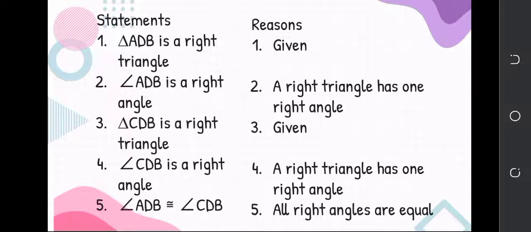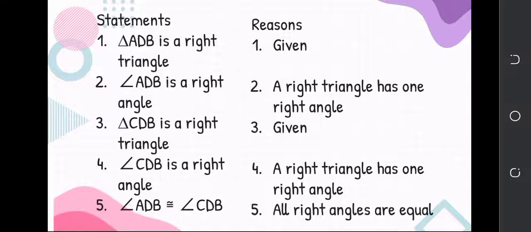Statements and reasons. Our first statement is triangle ADB is a right triangle, which is given. Next, angle ADB is a right angle. Reason, a right triangle has one right angle. Number 3, triangle CDB is a right triangle.